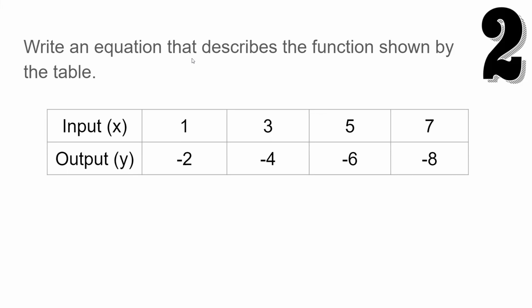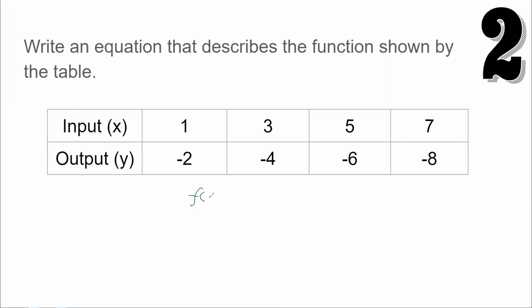So let's write another equation that describes this function. So again, it's going to be in that same format. F of x equals mx plus b. Again, we figure out our slope by looking at the change in y over the change in x. So I'm going to see how much y changes each time.